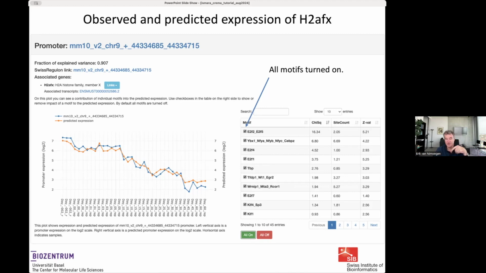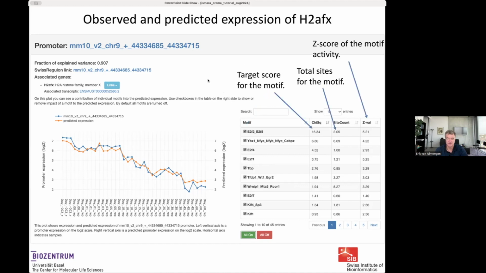And now you can go one motif at a time and turn on the effects of individual motifs and see how that changes the predicted expression profile. This list is all the regulators that are predicted to regulate this promoter, sorted by their log likelihood score.